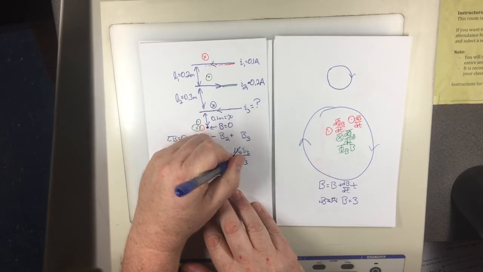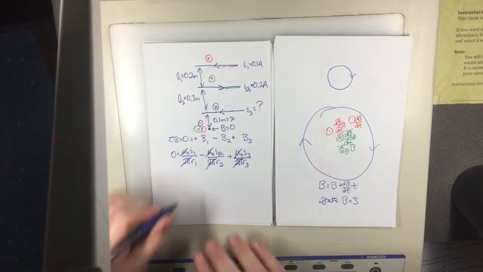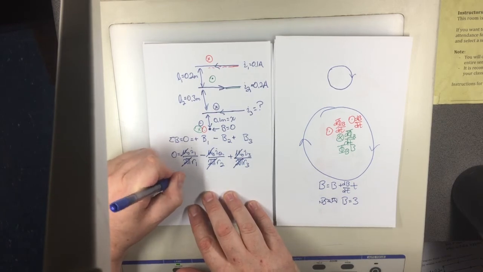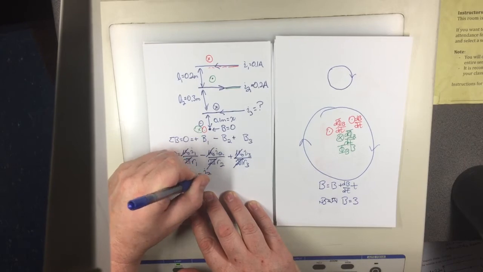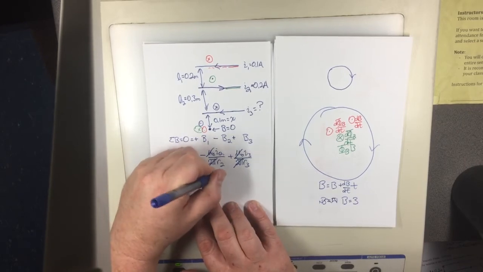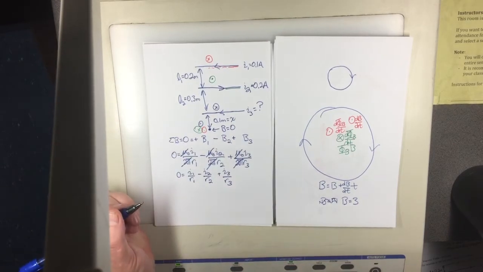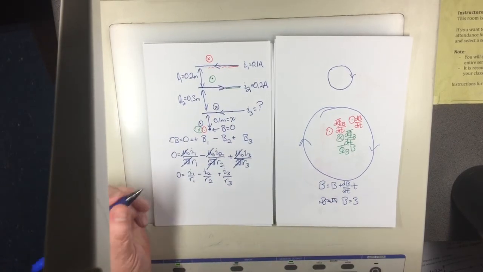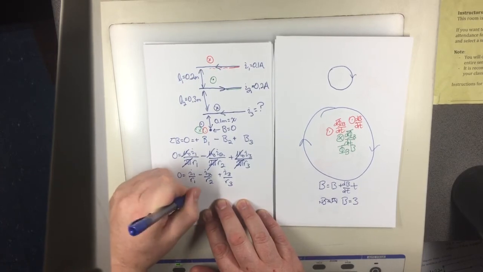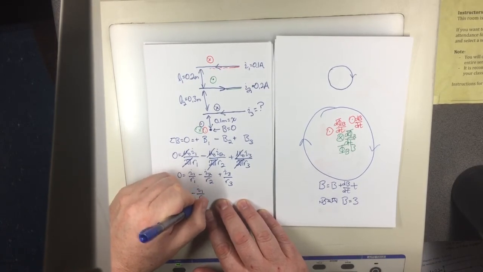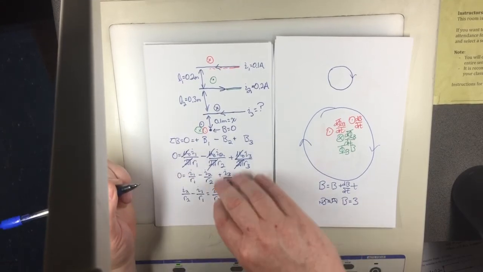If I multiply everything by 2 pi over mu naught, they disappear. Which means I'm left with I1 over R1 minus I2 over R2 plus I3 over R3. I need to find I3. So I2 over R2 minus I1 over R1 is equal to I3 over R3.